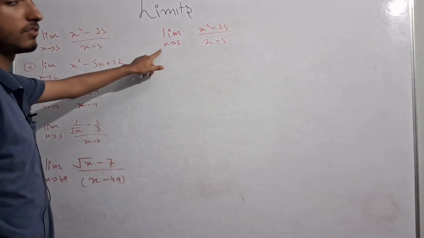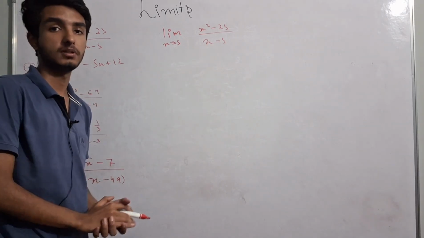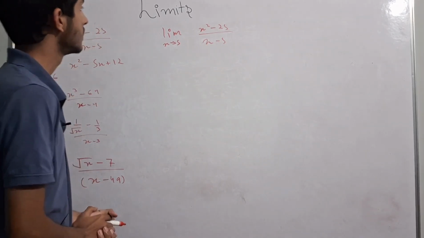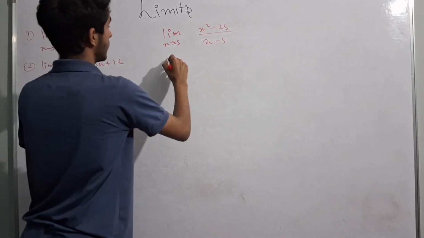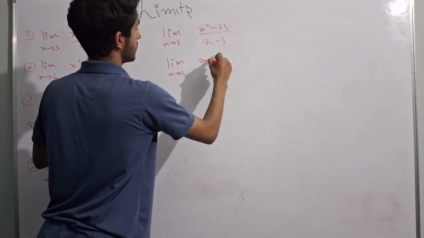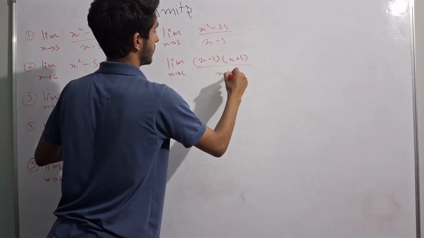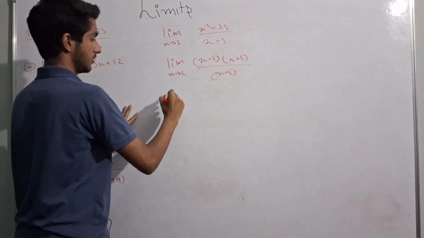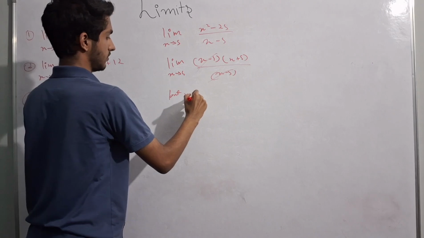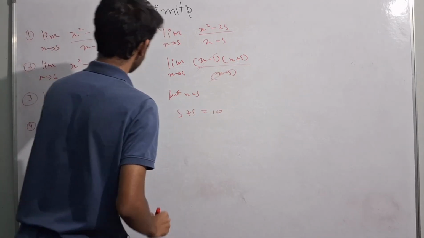If I put x is equal to 5, I get a 0 in the denominator, which means I get an indeterminate. So what I can do is limit x tends to 5, (x minus 5) into (x plus 5) upon (x minus 5). This cancels out. Put x is equal to 5. I get 5 plus 5 is equal to 10.